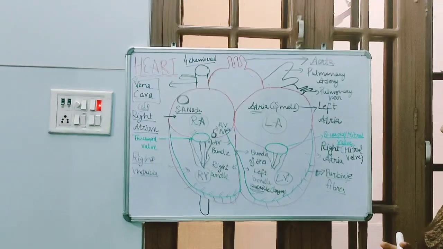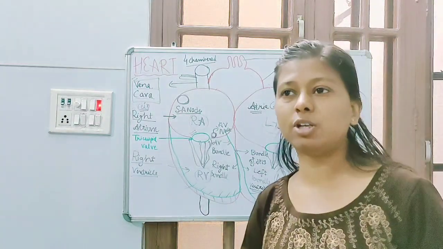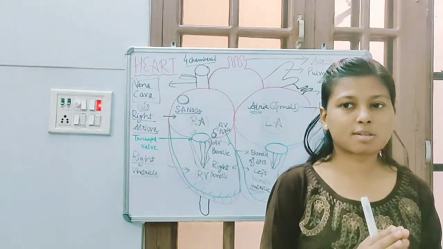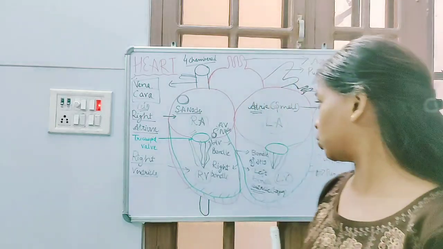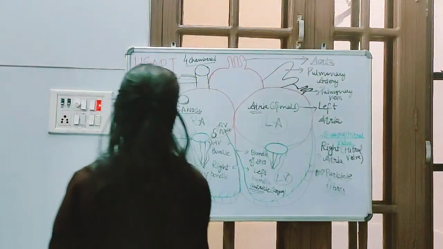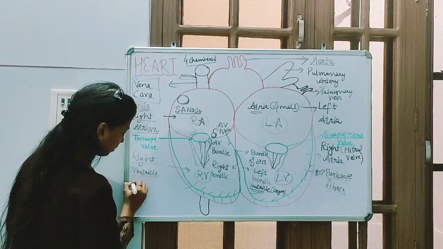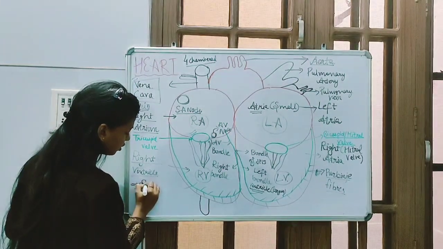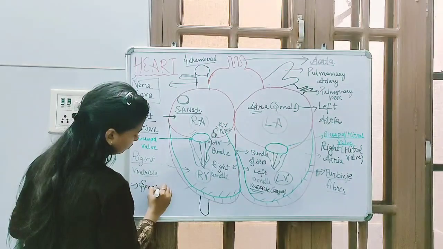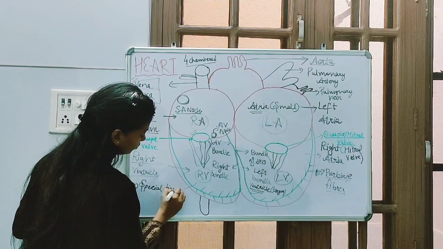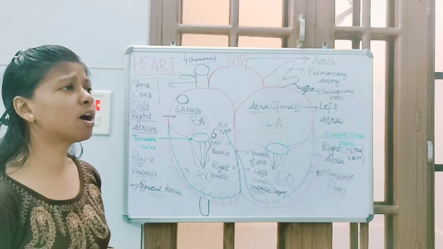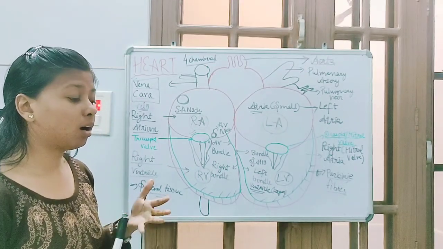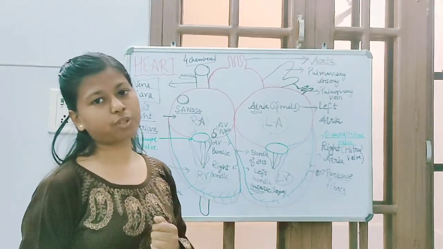Now there is a special tissue. Cardiac muscle is made up of a special tissue called nodal tissue. That special tissue helps in the auto-excitable feature of the heart.